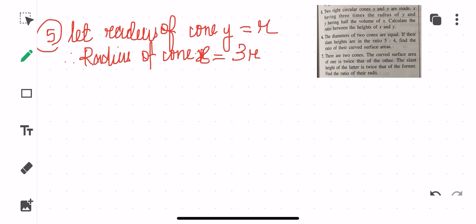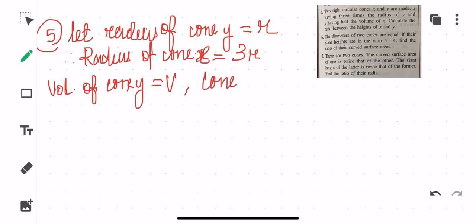Okay, and then what is given, children, that x having 3 times the radius of y and y having half the volume of x. Since we have taken for y only, let the volume of cone y be v, children. Since we have taken the radius for y, if we are taking this as v for y, then for cone x how much will it be, children?